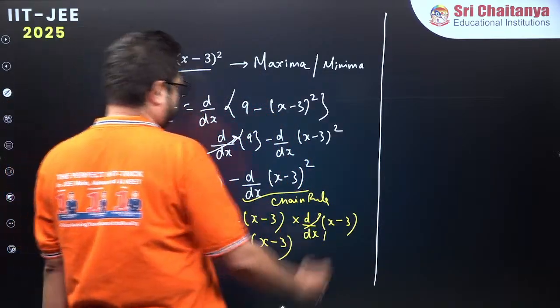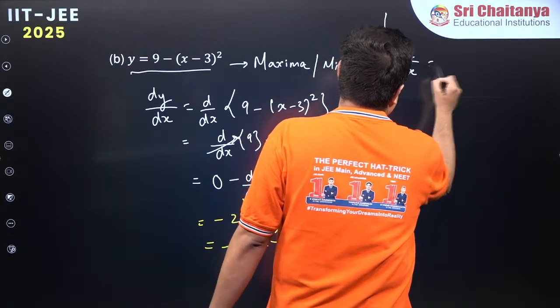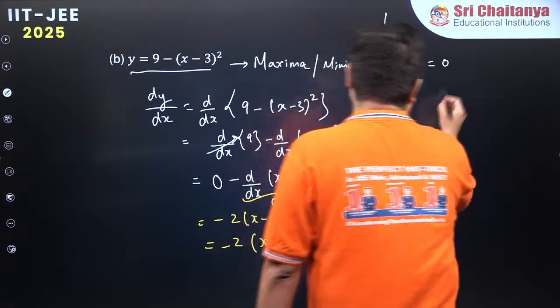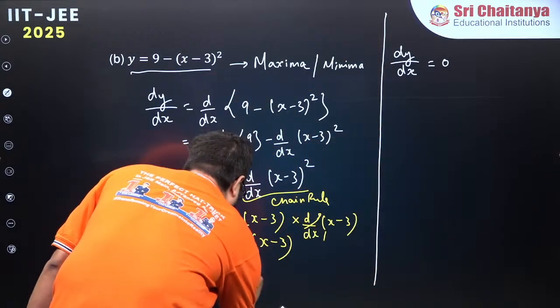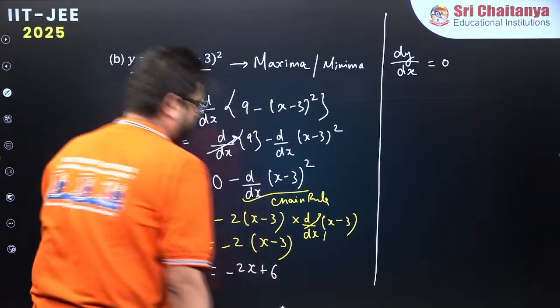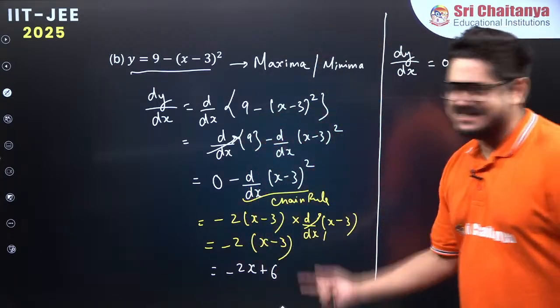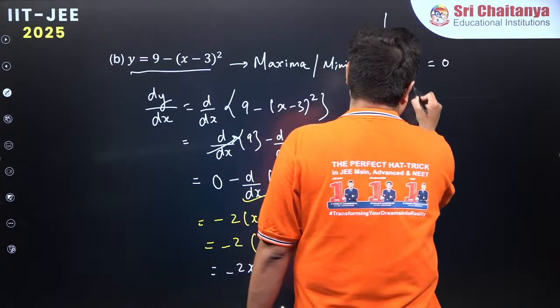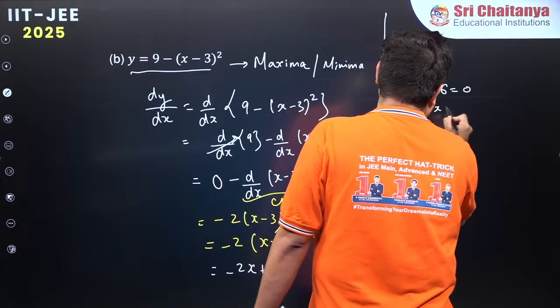The next step is equating dy by dx with 0. If I solve this, it is going to become minus 2x plus 6. Let's write it in the equation: minus 2x plus 6 is equal to 0. Let's solve this.